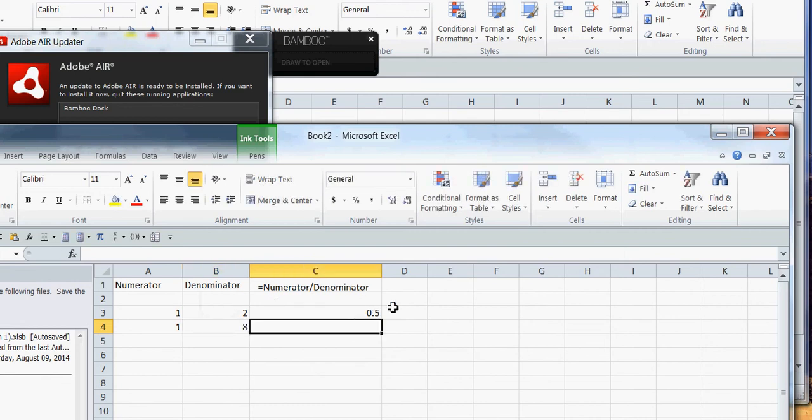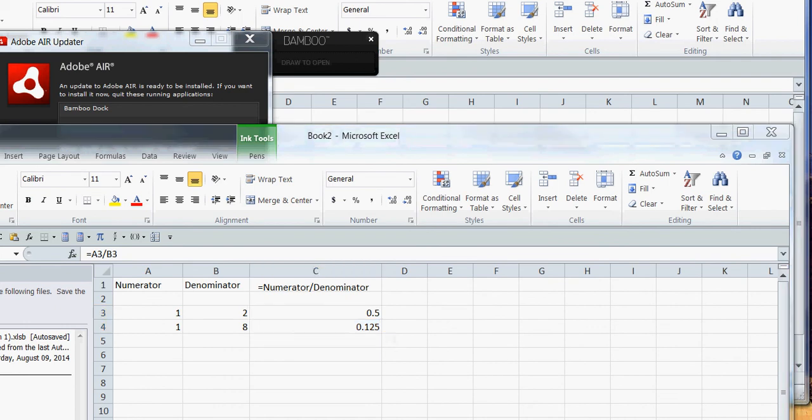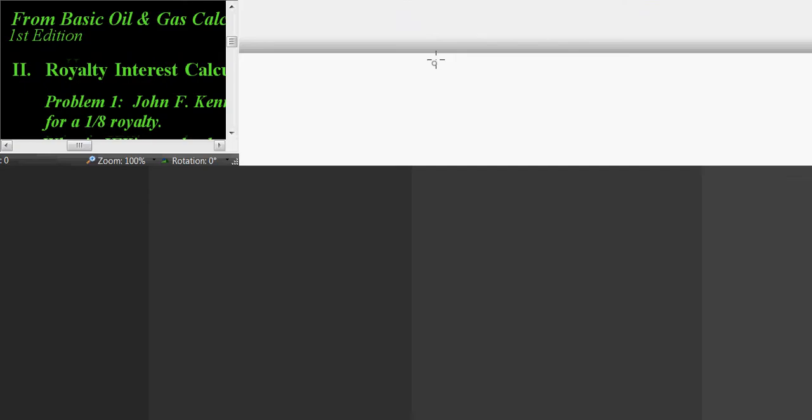And then here, one neat thing you can do with Excel is if you put a plus sign, see when it turns into a plus sign? Now it's a fat plus sign, now it's a skinny plus sign. You can actually drag that down and it'll calculate the next cell for you. So right there you can see 1/8 is equal to 0.125, and I can go and verify that I plugged in the 1 and that I plugged in the 8. So that is problem 1.